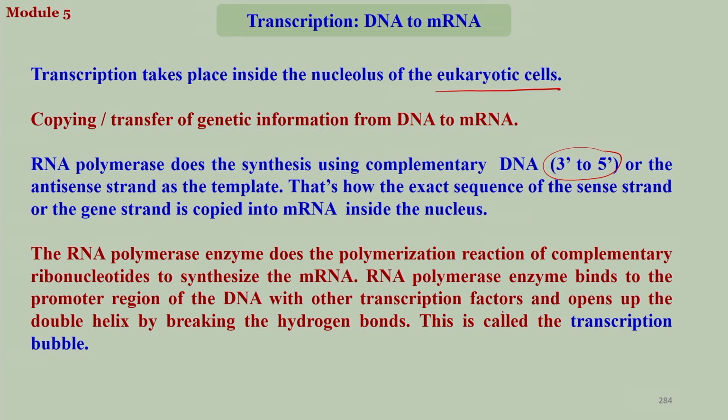Other transcription factors are also involved, that I am not going to talk about, and it opens up the double helix by breaking the hydrogen bonds. So, that is the driving force. This is called the transcription bubble.